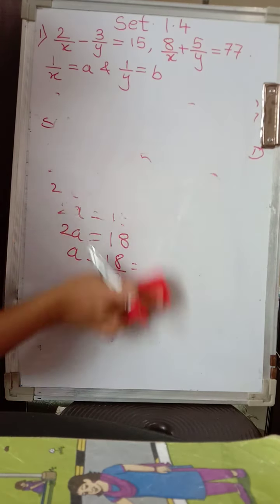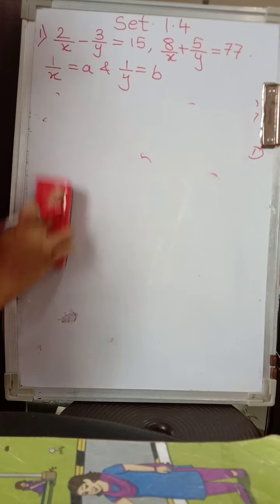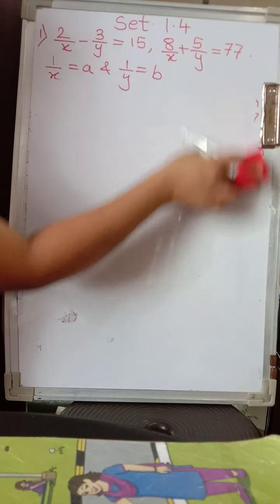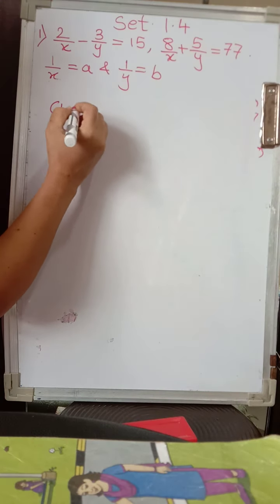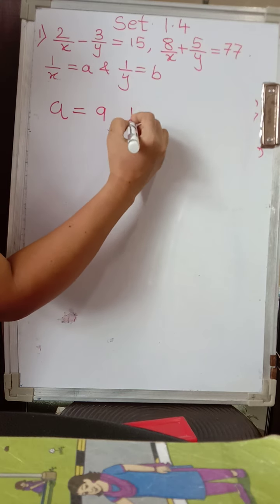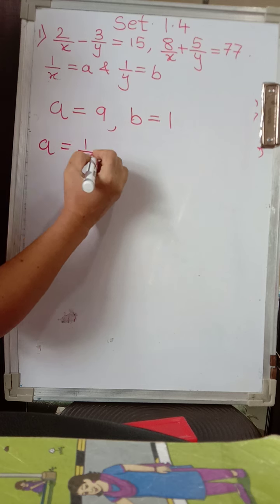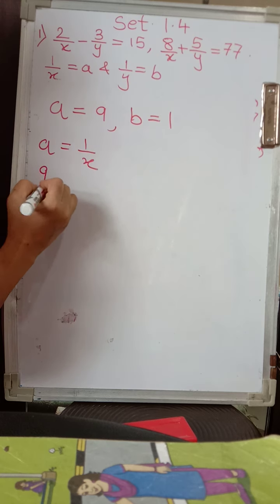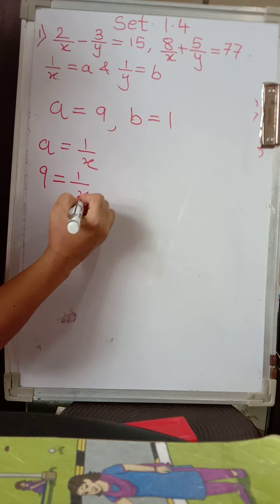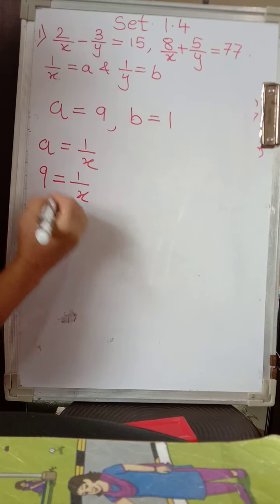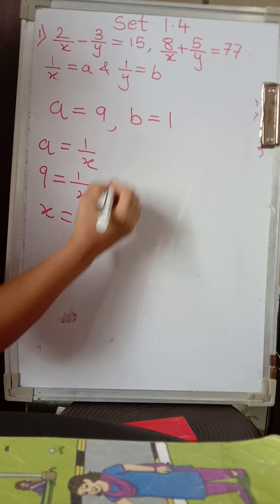Now see what I am doing. But I don't want a and b. I want x and y. I got a is equal to 9 and b is equal to 1. But what is a? a is equal to 1 upon x. So 9 is equal to 1 upon x. So x will be equal to 1 upon 9.